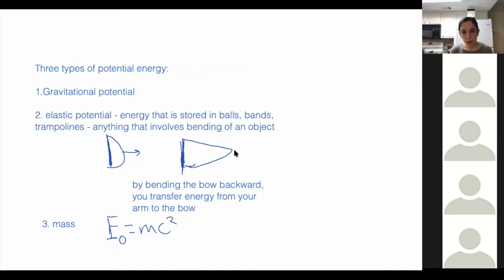When you release the bow, it loses mass as energy is transferred out of the bow. So I'll start here. E sub naught stands for rest energy. And that's just energy that matter has on its own at rest.